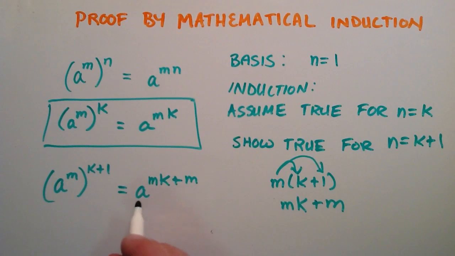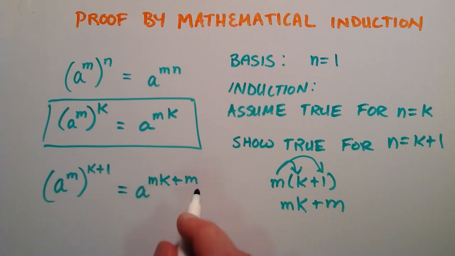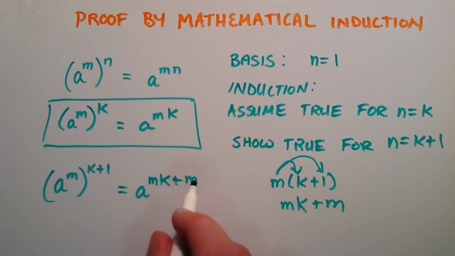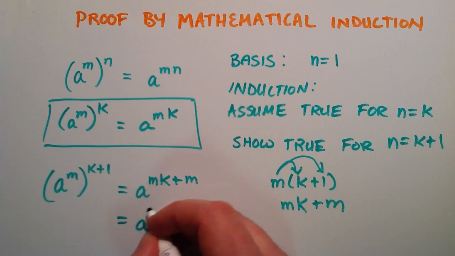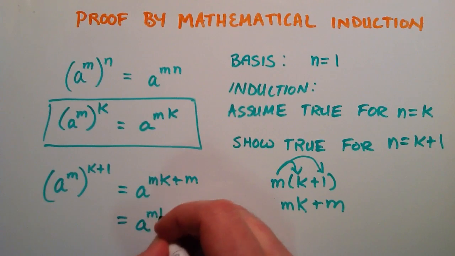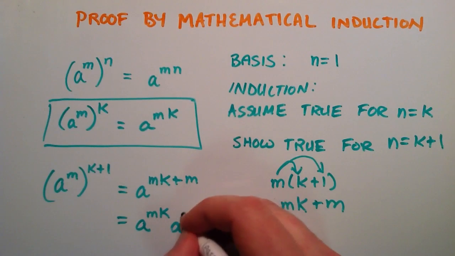Now I want to use some properties of exponents on this. If we have some base raised to the sum of two terms, so we have something plus something else inside the exponent, we can rewrite that as the base raised to the first term, multiplied by the base raised to the second term.